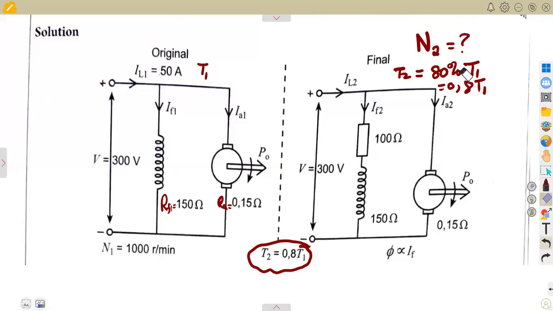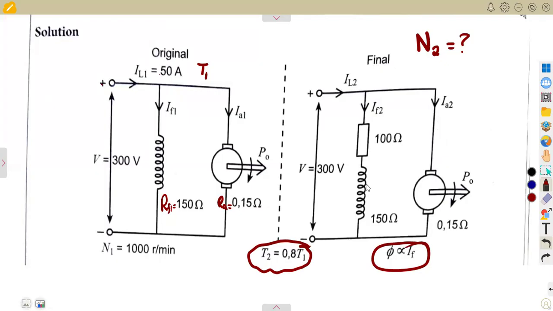All right. So that is a condition to be used relating the two, the torque of the original and that of the final circuit. Not forgetting that this condition is always going to be affecting flux, being proportional to the field current, which will affect our formulas.